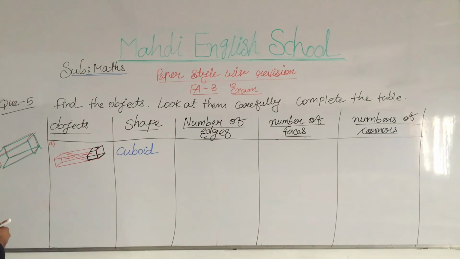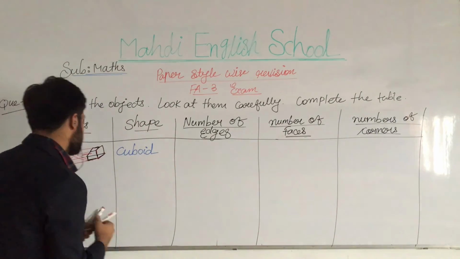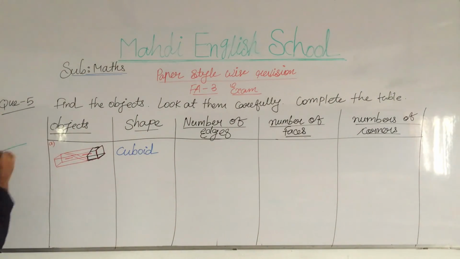Again, my dear students, I repeat for you this shape. How many edges means how many lines? So this is 1, 2, 3, 4, 5, 6, 7, 8, 9, 10, 11 and 12.